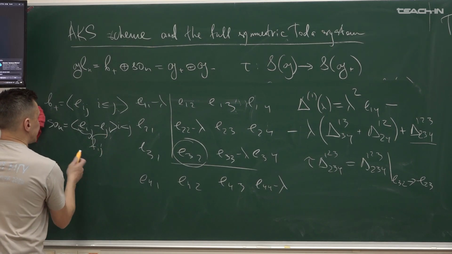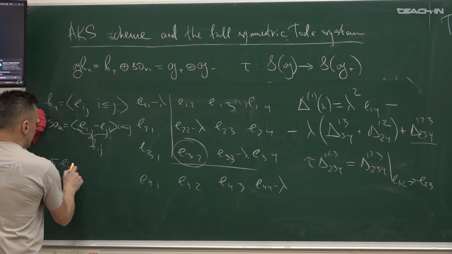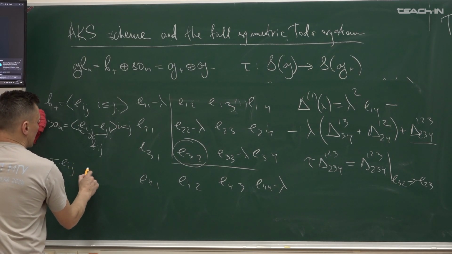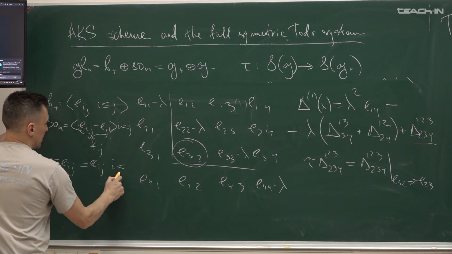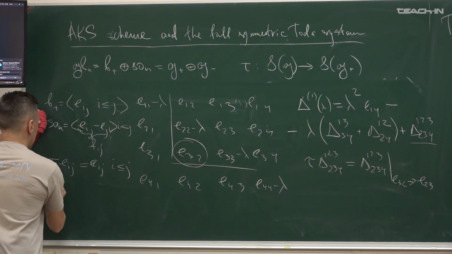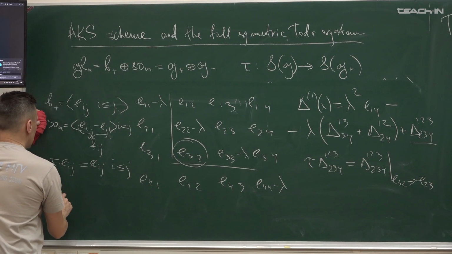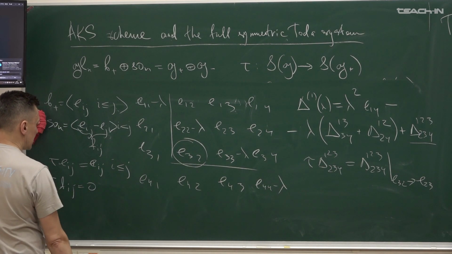So the projection of Eij is equal to Eij for i less or equal to j, and the projection of Fij is equal to 0.